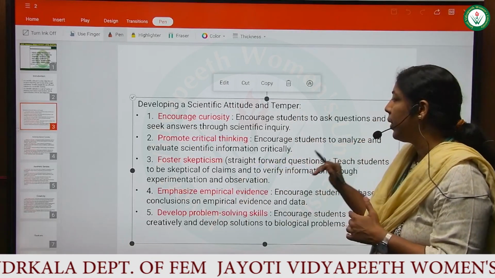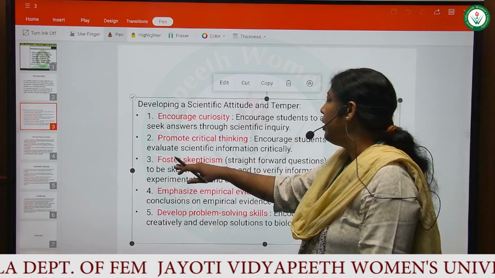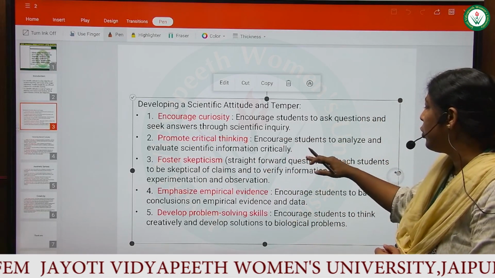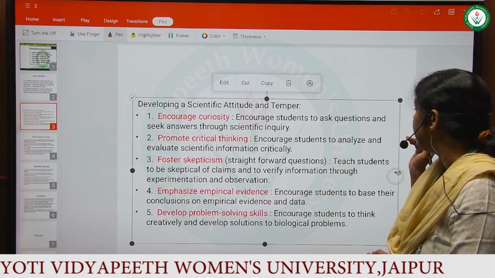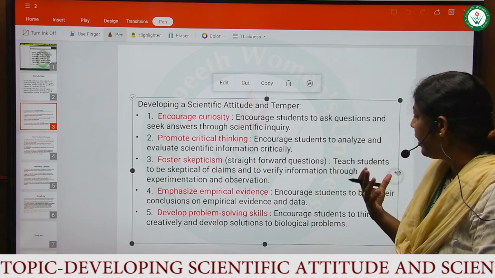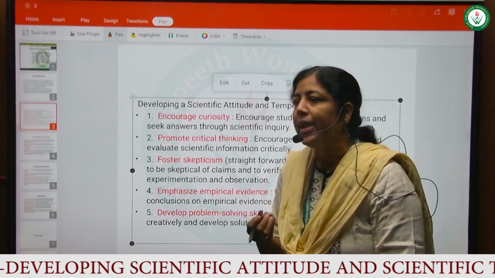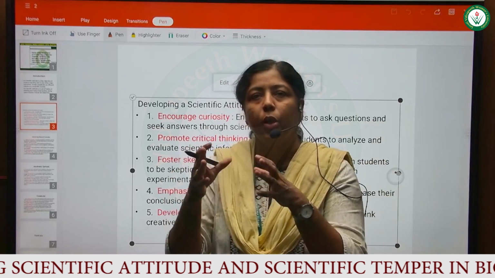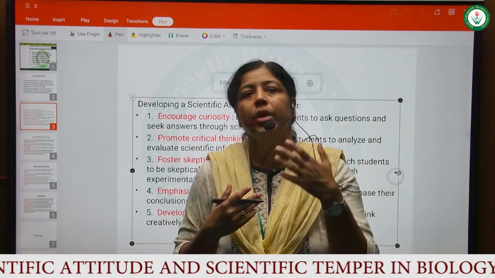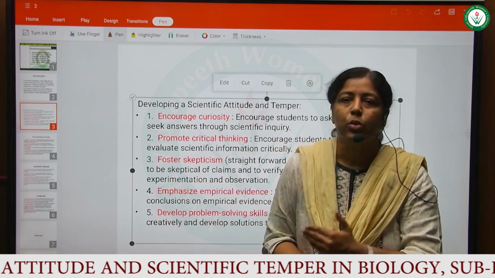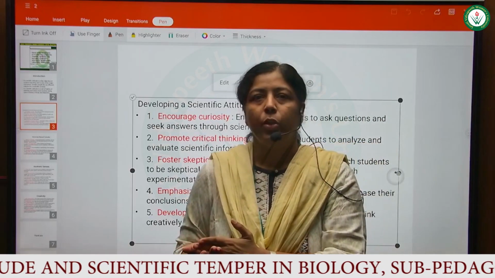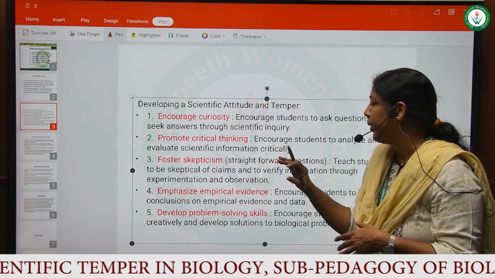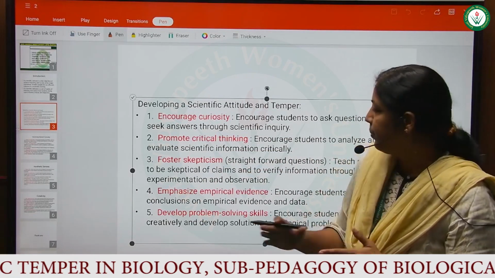At the same time, we can foster skepticism, where straightforward questions can be asked, and teach students to be very calm and observe the experiment in a formative way. How can they analyze it, how is this experiment taking place, what are the things to be noted down. All this information they have to keep, and the observation should be very clear.